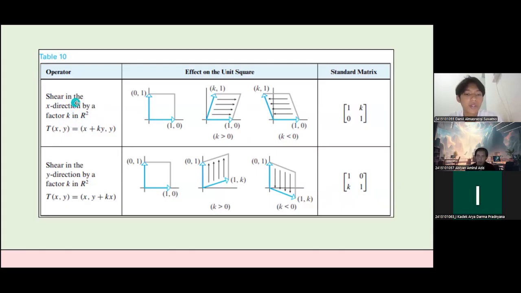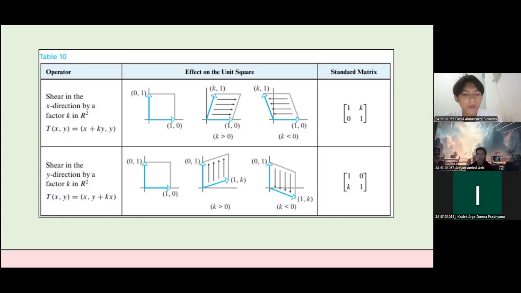What does it mean? It means points are shifted horizontally, and the amount of shift equals k multiplied by y. And the farther a point is from the x-axis, or we can say the larger y is, the longer the shift.